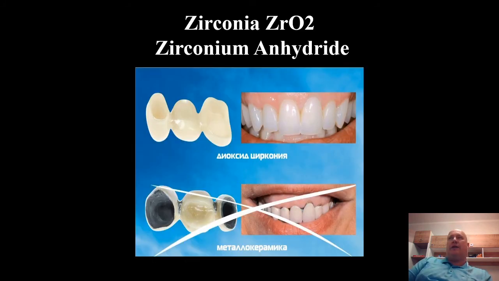Zirconium dioxide. Currently, zirconium dioxide is very popular, which is used not only as the material for full anatomical works, but also as the material for bridges and crowns, when after milling the frame, the technician applies ceramic layers on it.